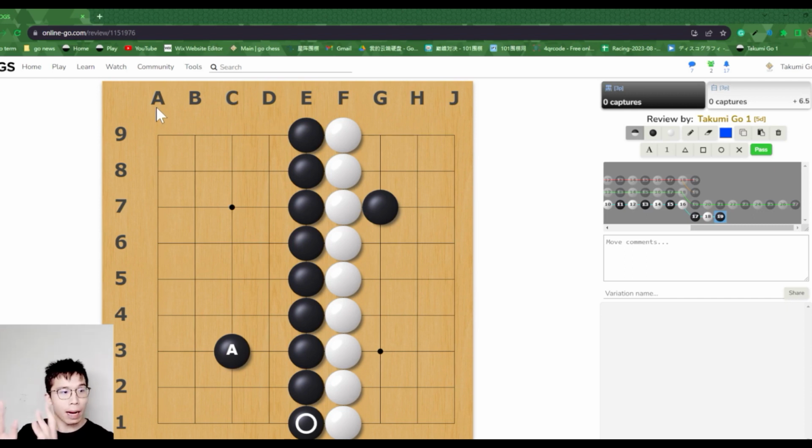Black is leading by 9 stones, but for territory points, this is a captured stone, so this will become a prisoner that needs to be returned to black's territory. And then black is only leading by 7 territory points, although black is leading by 9 stones.